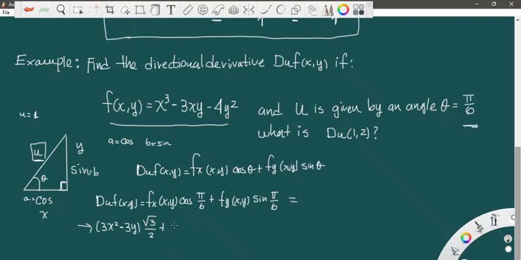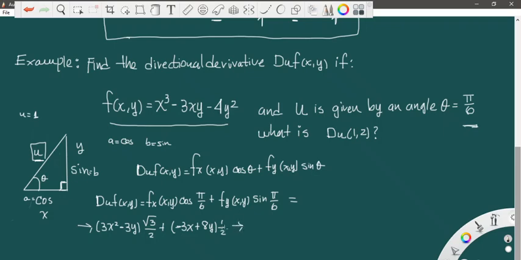Plus the minus 3x plus 8y times 1/2, which is the sine of the angle of pi over 6.